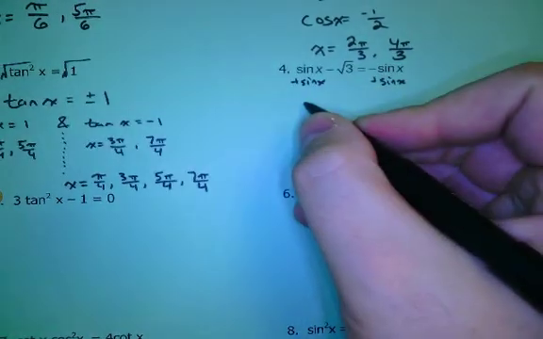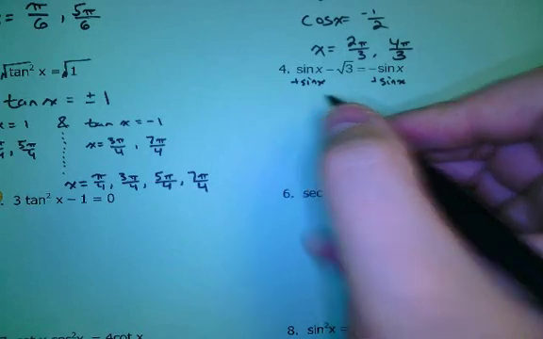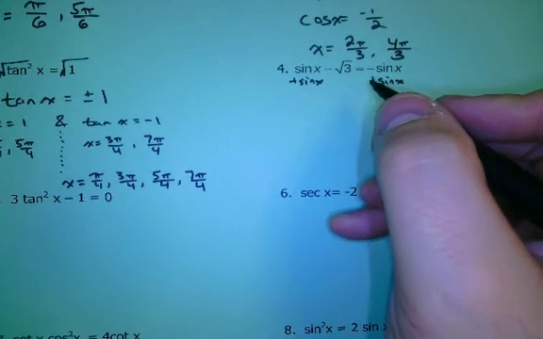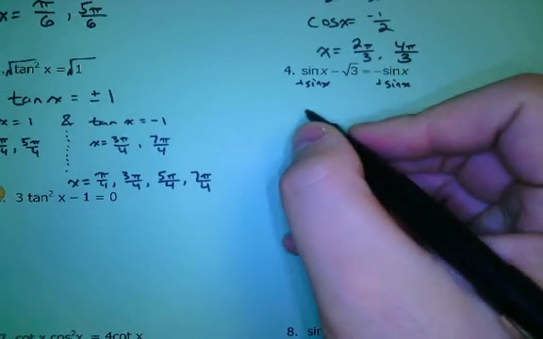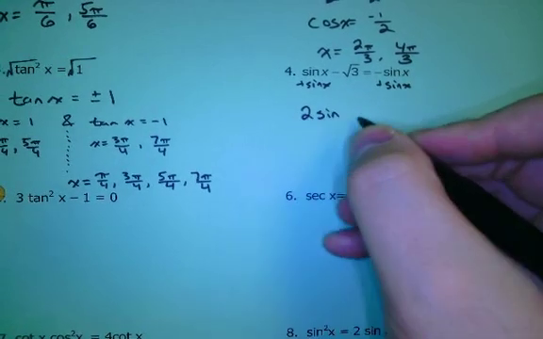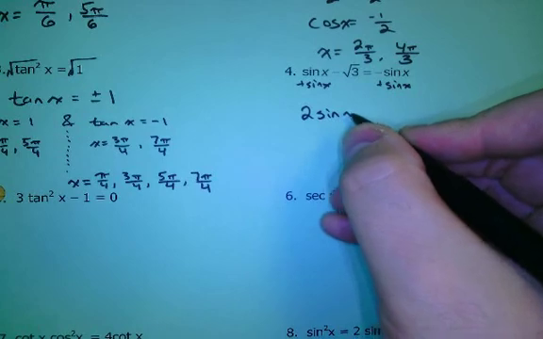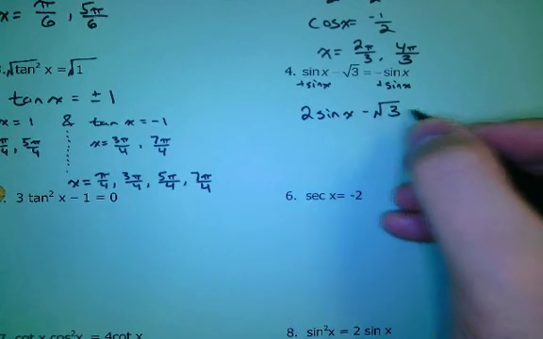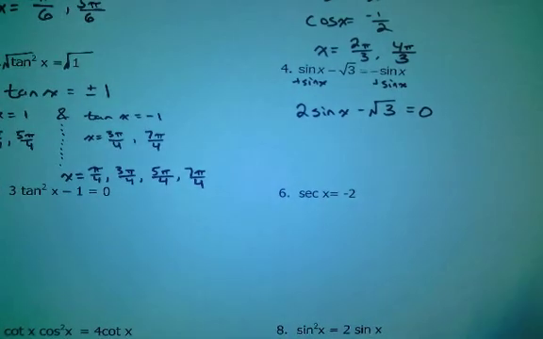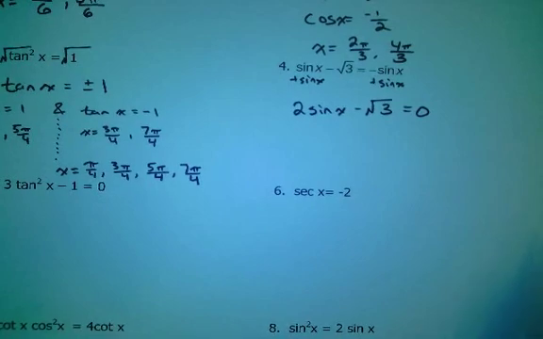Then you get 0. Try again. Sine plus sine. No, one is negative and one is positive, so they cancel out. Nope, it was positive. You're going to get 2 sine. Sine plus sine is 2 sine. You're adding those. Oh, see, I was doing it the other way.